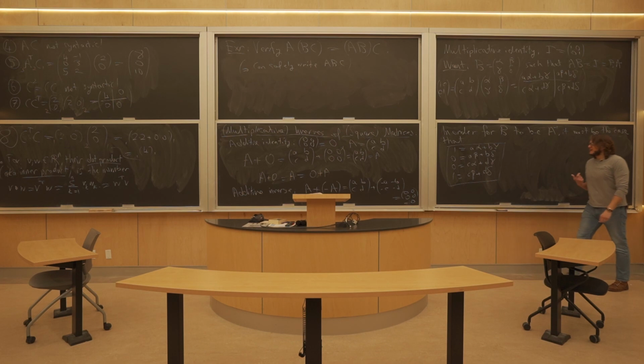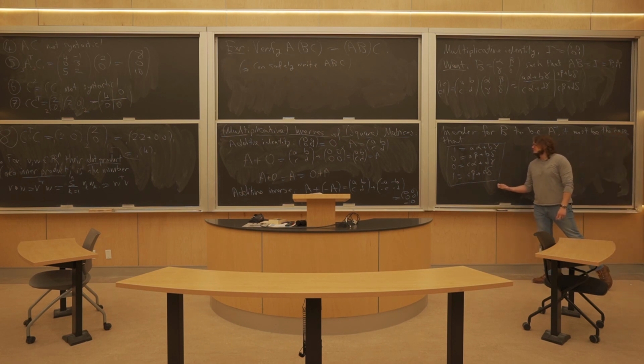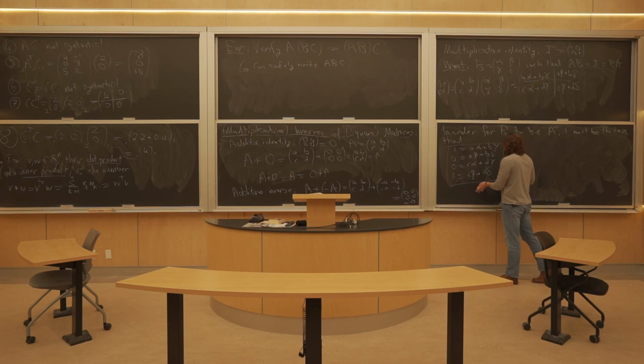Here I'm thinking of A, B, C, and D as known, as the coefficients of my system, and alpha, beta, gamma, and delta as the unknowns. Okay?